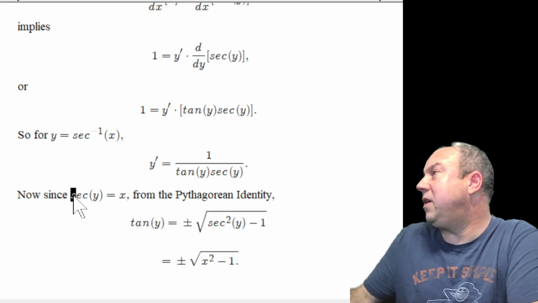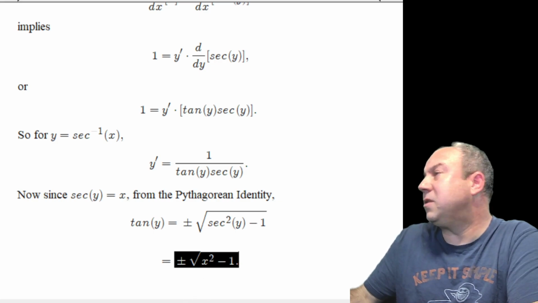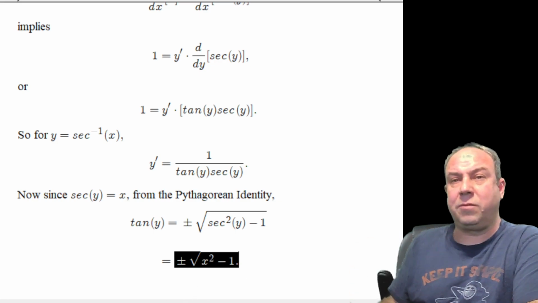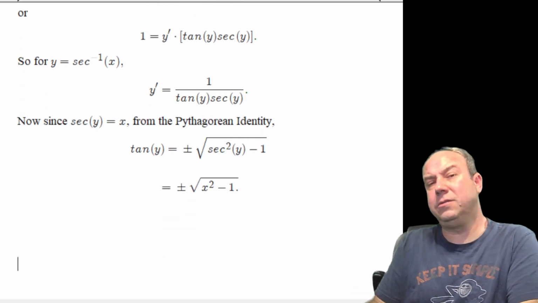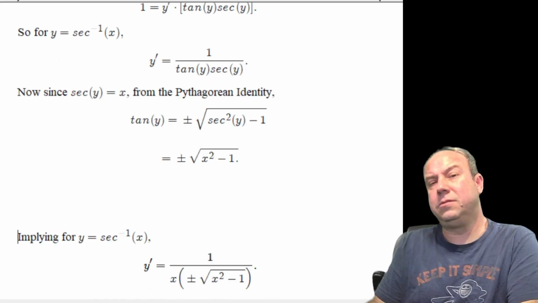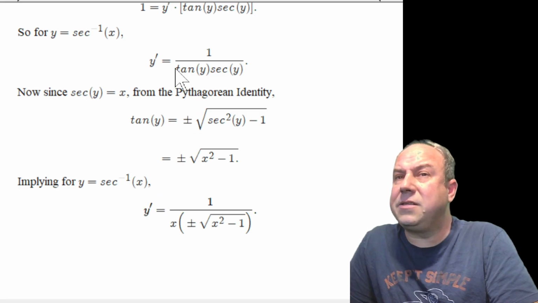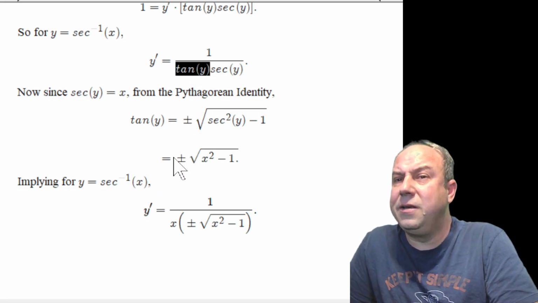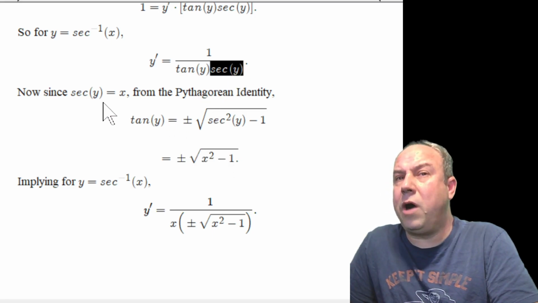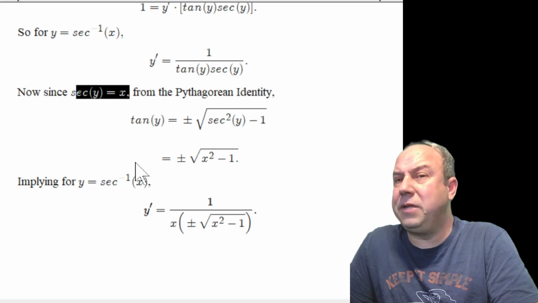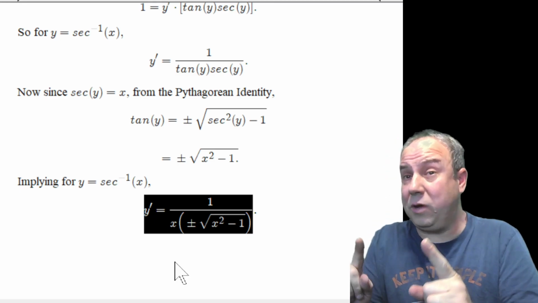And substituting in for the secant of y the value of x, we can say that the tangent of y must be equal to plus or minus the square root of x squared minus 1. This ends up implying at this moment, when we think about substituting in for the tangent this radical statement, and substituting in for the secant of y the value of simply x, we could say y prime is equivalent to this quantity seen here to begin with.